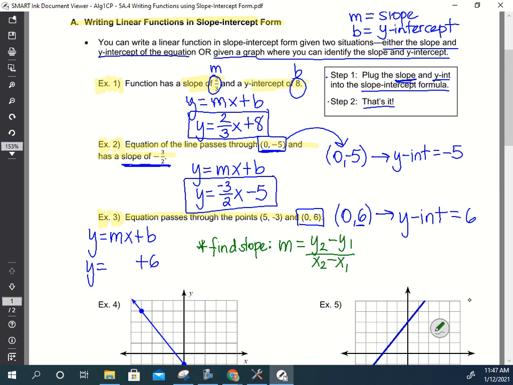So we got to find the slope. We got a formula for that. So we plug in the formula. X1, Y1, X2, Y2.